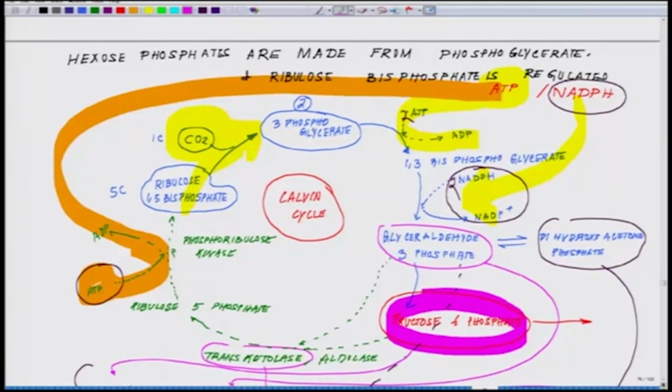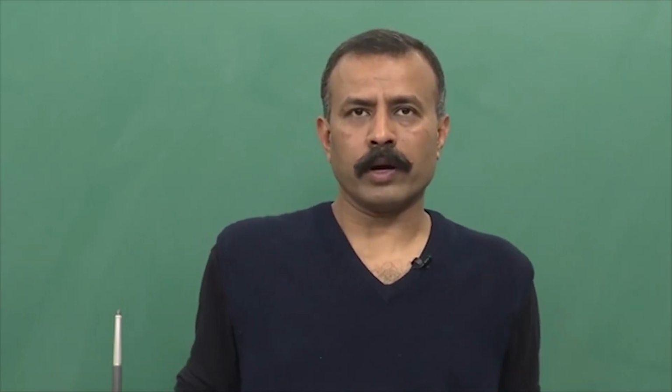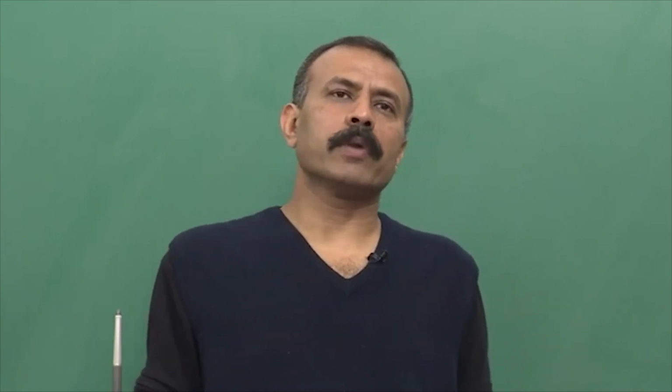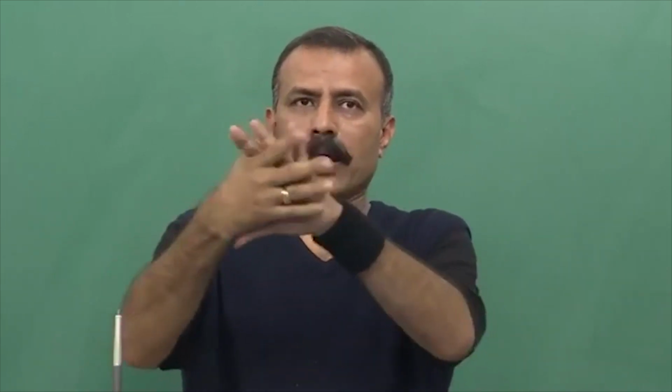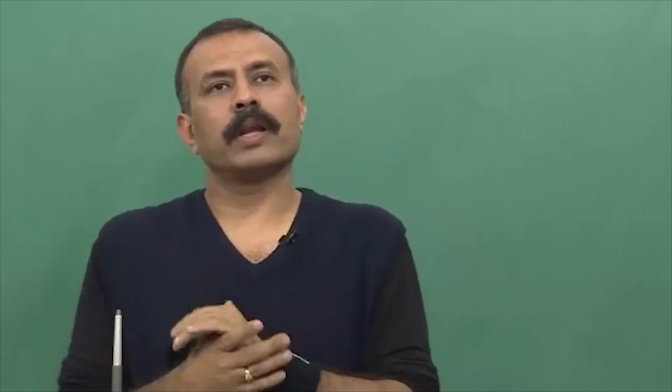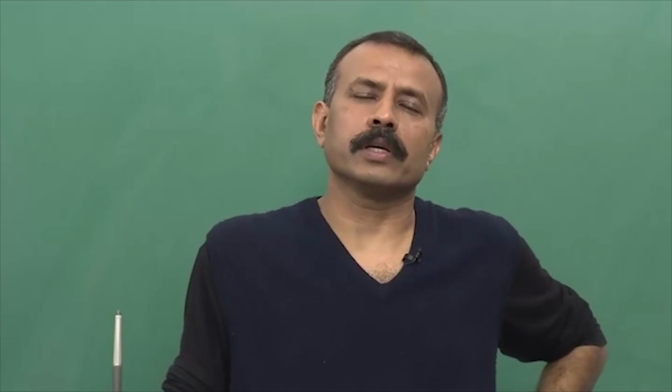So now, if we summarize what we talked about, we talked about a dark reaction where carbon dioxide is converted into carbohydrate, the simplest sugar, and that process is executed by an enzyme called Rubisco. Rubisco has both a carbon attachment property as well as an oxygen binding property.